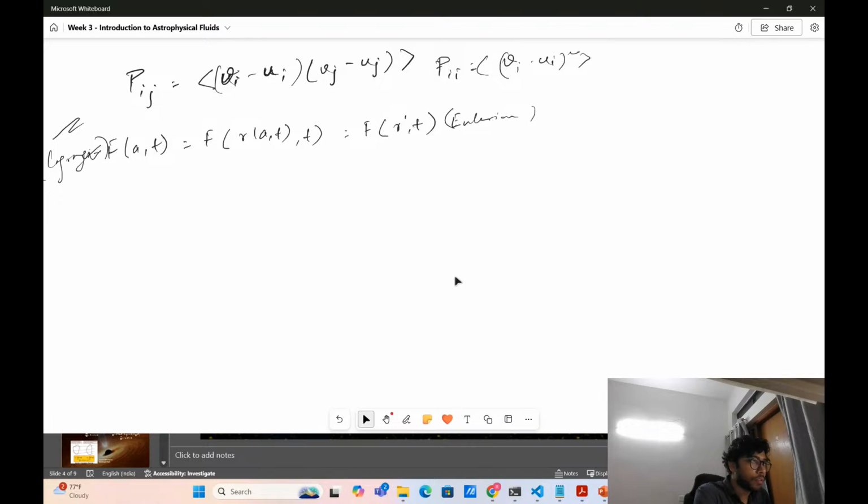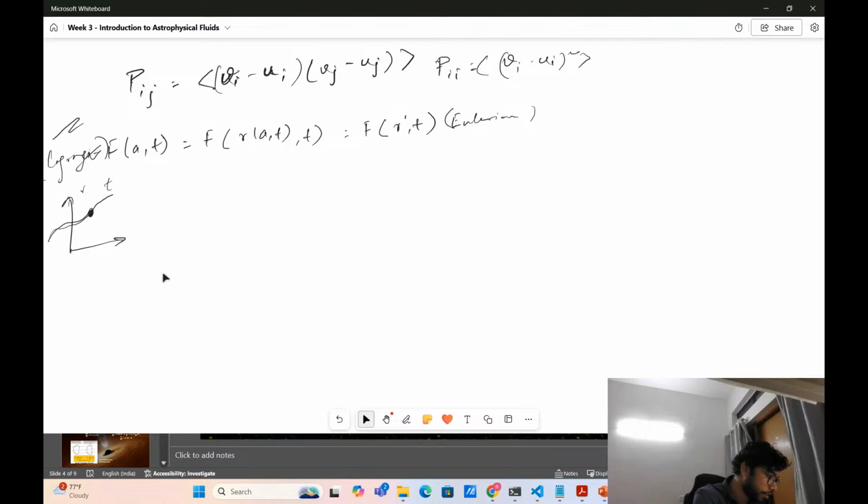Okay, so if you want to have the same flow function at a particular time, if you are imposing this condition, so let's say if you follow the Lagrangian approach, you follow the particle, and this particle is at this point at this particular time t, right?